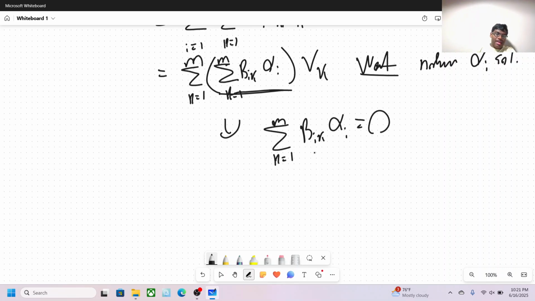So we have n variables here, m equations here, and n variables alpha 1 dot dot dot alpha n. And m greater than n.